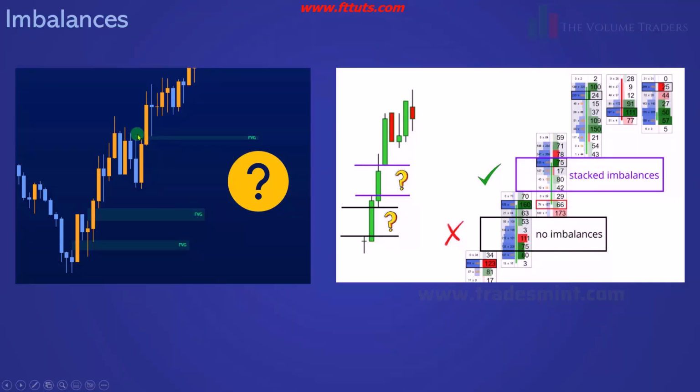Like for GU, there's zero imbalance in this tiny area, or for ES or gold, some stacked imbalances as proof that we can really expect a reversal here. But without a footprint chart, this is guessing. We can make dozens of markups every day like this, just guessing where the price will reverse.